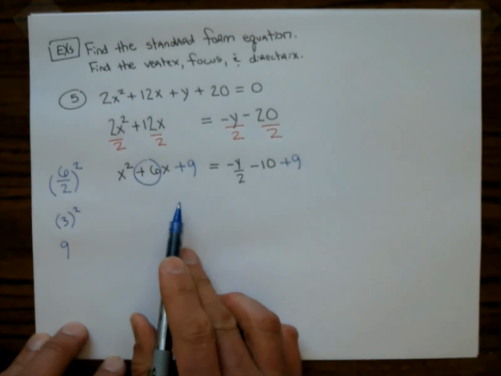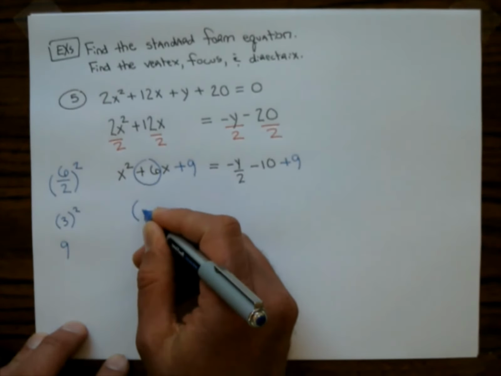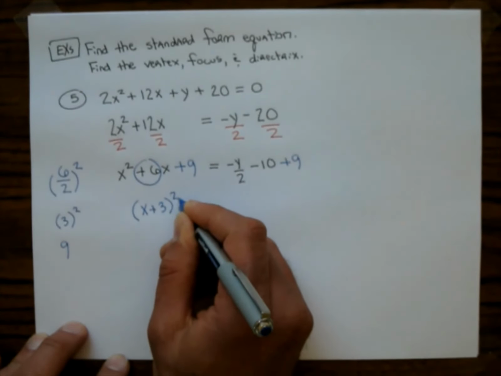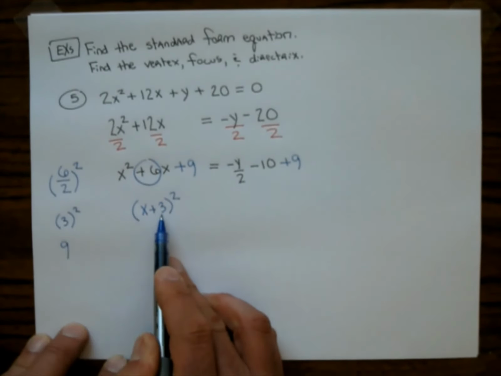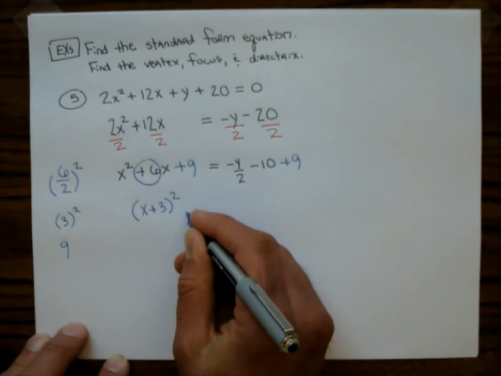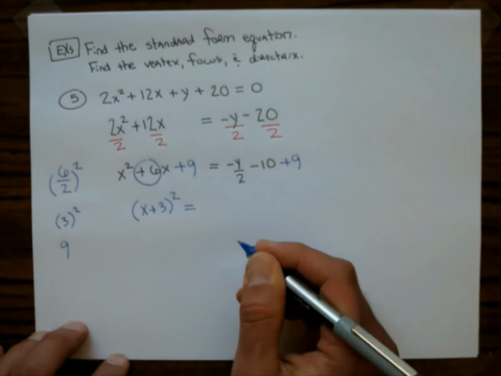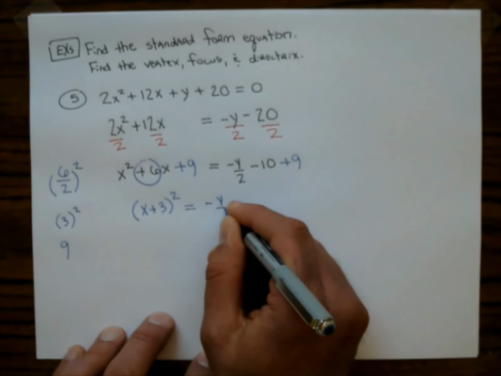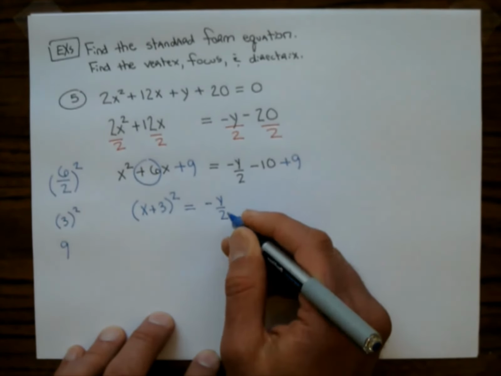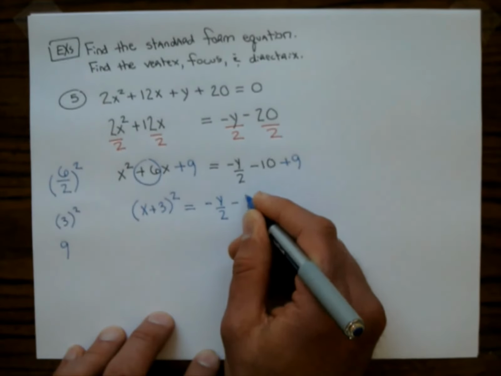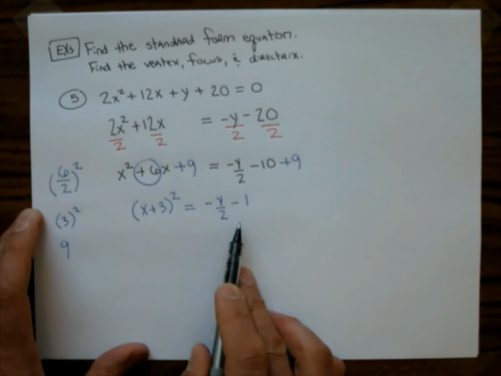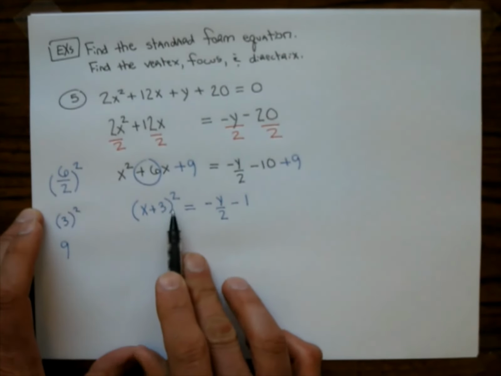This left-hand side becomes a perfect square trinomial, x plus 3 quantity squared. And the 3 is the same thing that you see there. That will always happen. This equals negative y over 2, and then this is minus 1. Okay, and I actually go back to the black ink. So at this point you're thinking, we're in standard form because we have this squared.